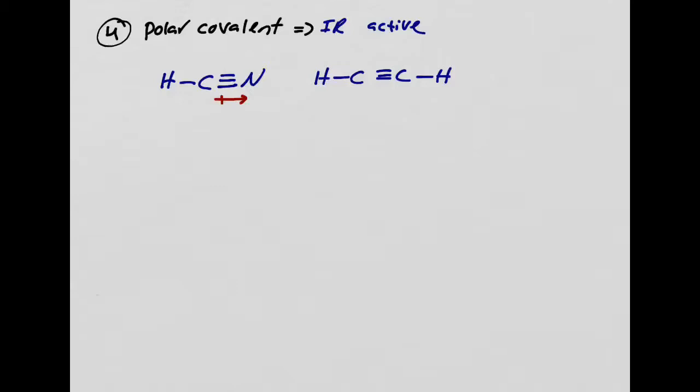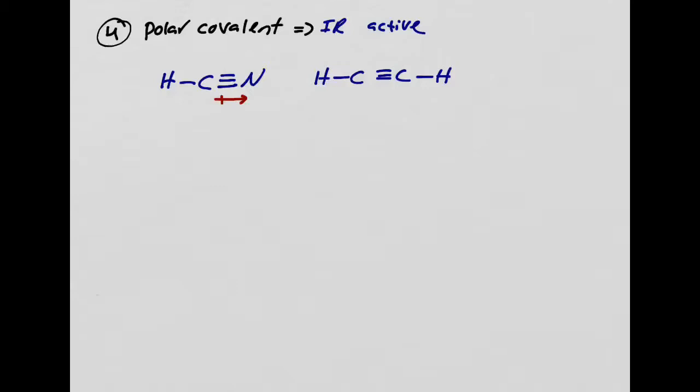And what does that mean? This is not going to be IR active, because to be IR active, you want polar and covalent. Those are very much IR active. Now, if I have a compound like this, not going to be really IR active because this is a non-polar compound. So far, so good?